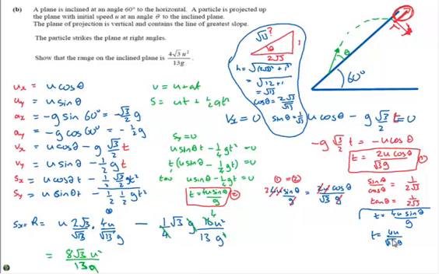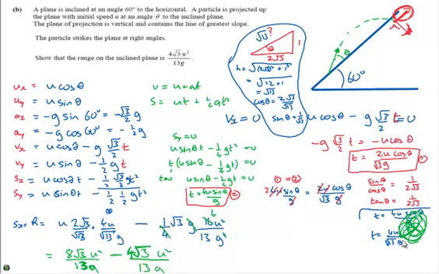The pen is running out of ink. I'll have to check that. So we've got 13g, and then this is going to be minus 4 root 3 u squared over 13g.